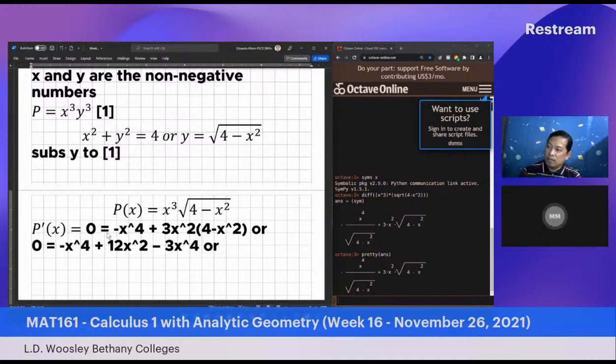So minus yung nasa unahan, so minus 4. And then i-divide ba natin ng 4? O mamaya na. 4x minus 4x to the fourth. So we combine them plus 12x squared.